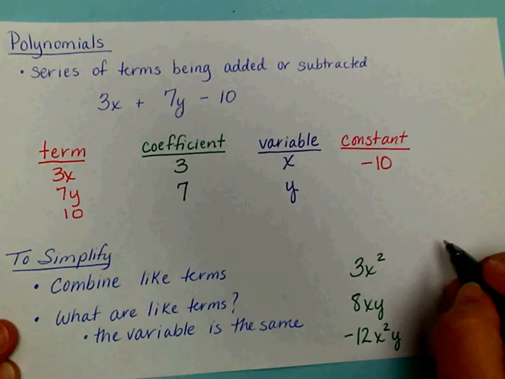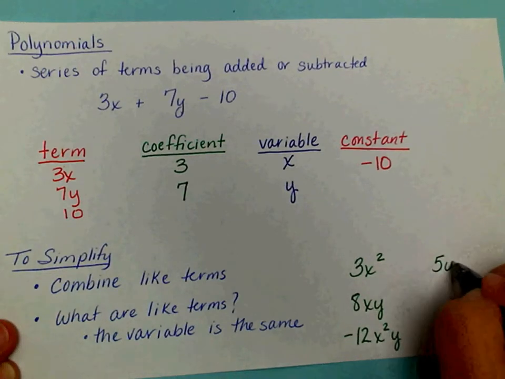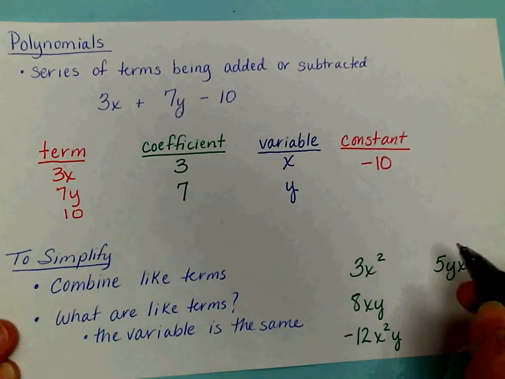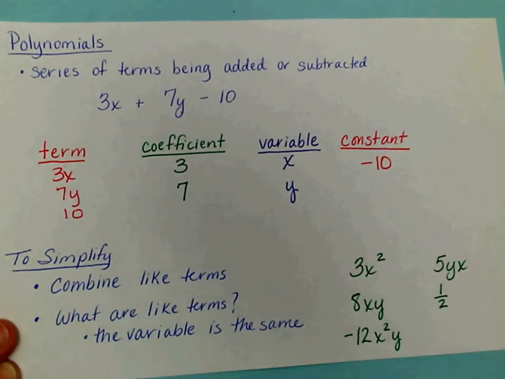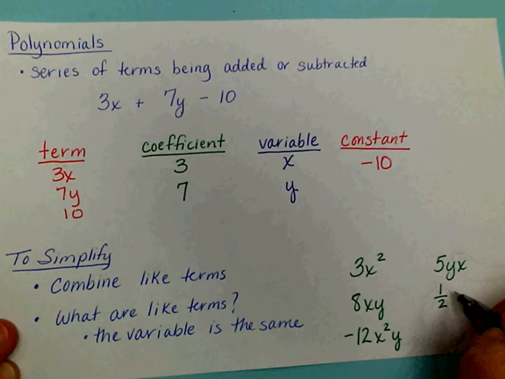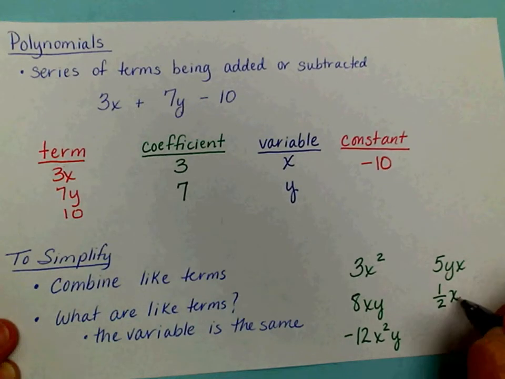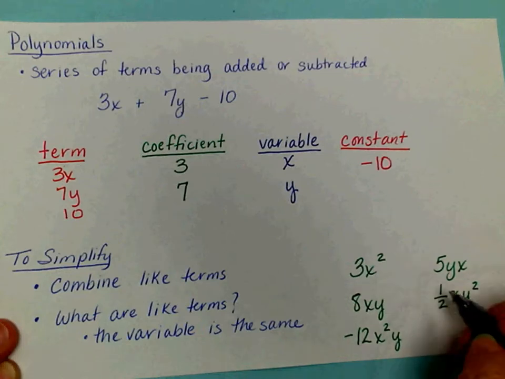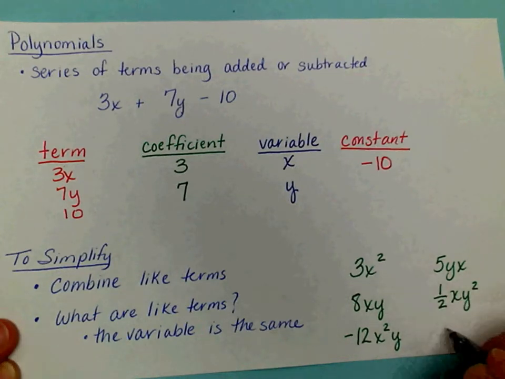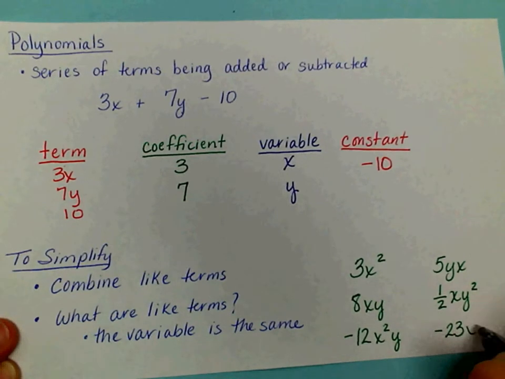So let's think about something like 5yx. Let's maybe do a 1/2 because your coefficient doesn't have to always be a whole number. It can be a fraction as well. And let's have maybe xy squared. And our next one we can make up, let's make it a negative 23x squared.